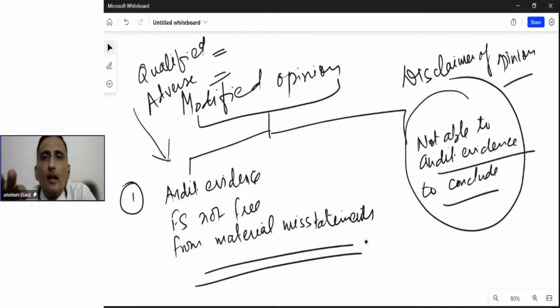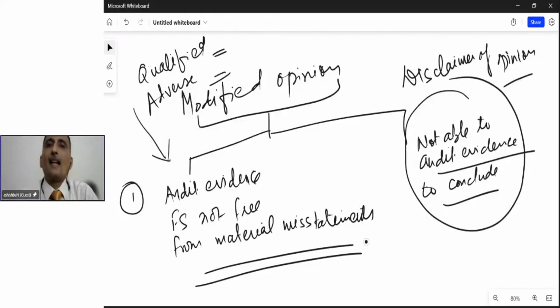For at this stage, you can understand that opinion is of two types: unmodified opinion, plain opinion, and modified opinion. So modified opinion can be due to the fact that the auditor has obtained some audit evidence which shows that there are material misstatements in financial statements. Okay, that the financial statements are not free from material misstatements.